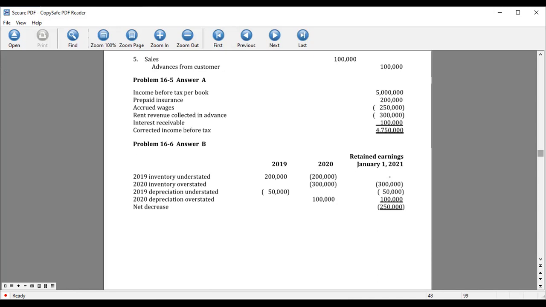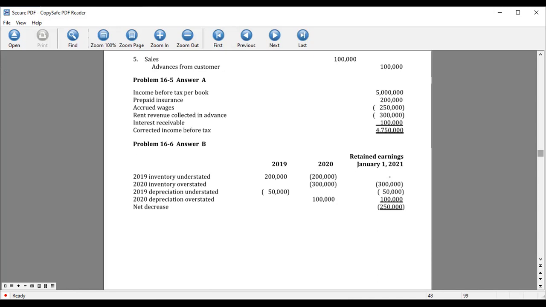But if the company failed to record the accrued wages, meaning wages expense was not recorded, we have to record wages expense and credit accrued wages payable. So accrued wages not recorded, we have to deduct from net income.